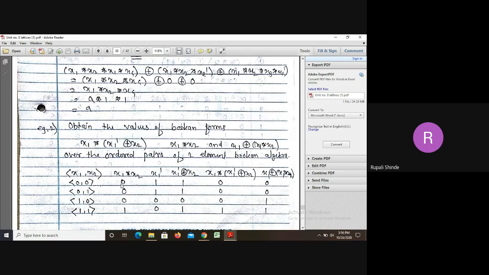So 0, 0, 0, 0, 1, 0, 1 and 1, 1, 1. So check here. We have found value for x1 star x2. We have found value for x1 star, x1 complement XOR x2, and we have found value for this one x1 XOR x1 star x2. For all these three Boolean forms, we have found value. So this is just like a truth table.